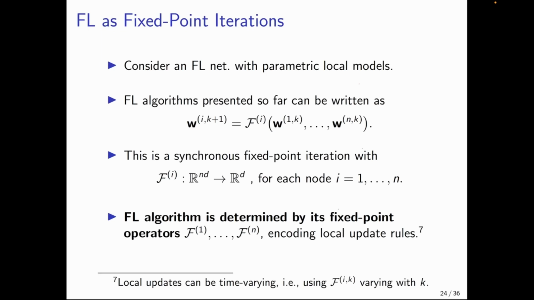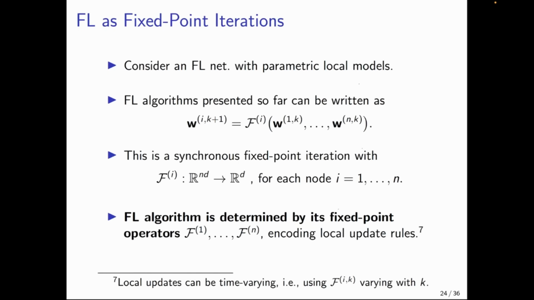On the other hand, to implement these synchronous updates, you need to have the current local model parameters available. So node I, in principle, needs to know the local model parameters of all its neighbors, or in the extreme case, of all other nodes. After each iteration, you need to update all your neighbors with your new model parameters.